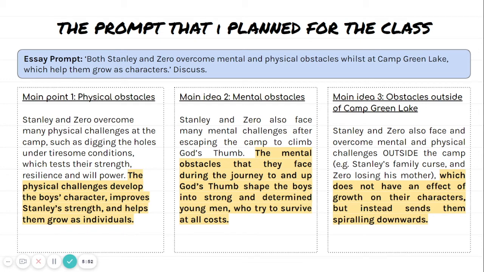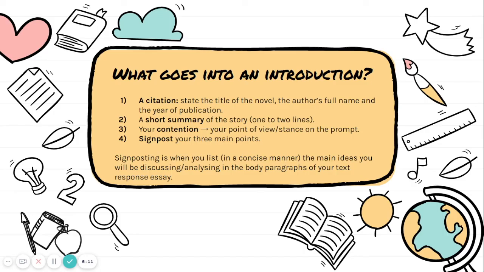With that being said, I think what was really clear from the essay planning process was you could pretty much answer this topic in a million ways. These are just the 3 main ideas that I thought I would use to answer the essay topic. Now, remember, if we go back to this slide, you need to signpost your 3 main points.